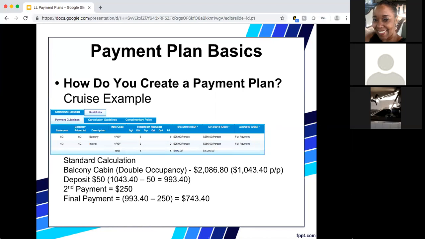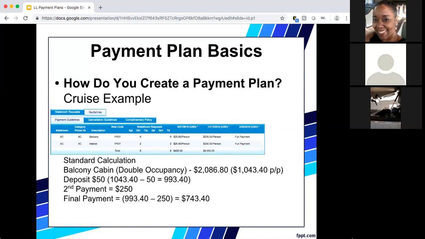So with that particular calculation, in this example, a balcony cabin based on double occupancy was going to cost $2,086.80 or $1,043.40 per person. We require a $50 deposit on this particular trip.